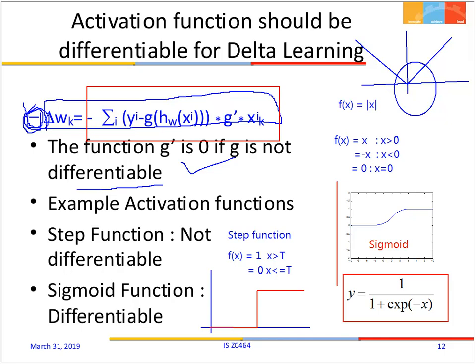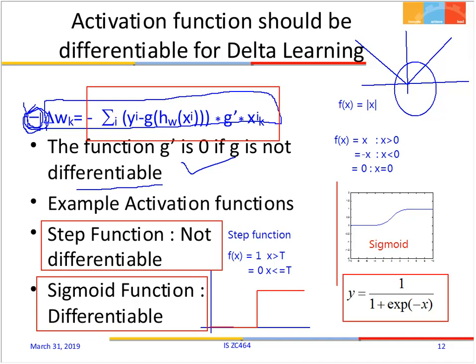So one limitation of the gradient descent method is that it should have an activation function which is differentiable. The step function is not differentiable, and the sigmoid function is differentiable. So this is one constraint, one limitation of the gradient descent method.